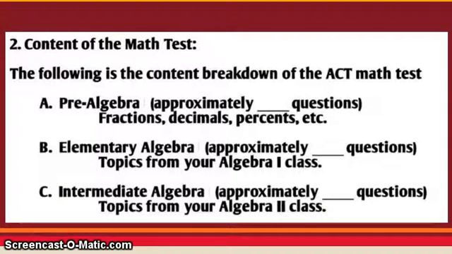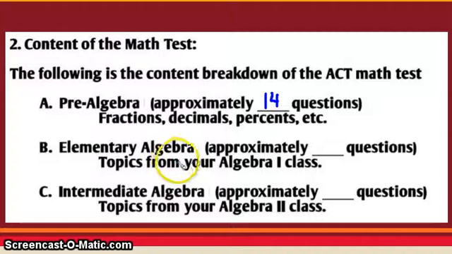The content on the math test, and this is important, the following is the breakdown of what you will find on the math test. The pre-algebra section, there are approximately 14 questions on pre-algebra on the ACT. This includes fractions, decimals, percents, basic junior high math.